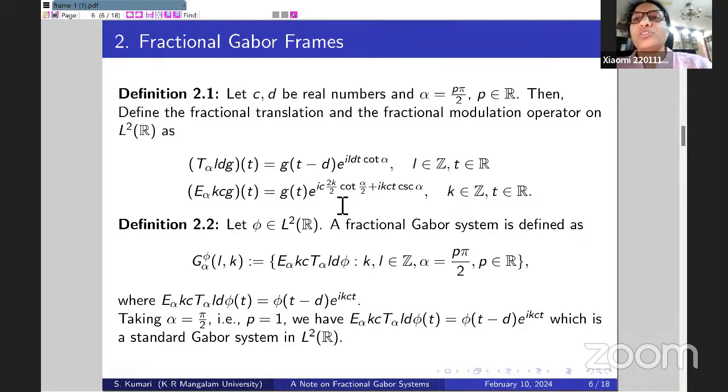In definition 2.2, the fractional Gabor frame is defined, where a function phi belongs to L2R.